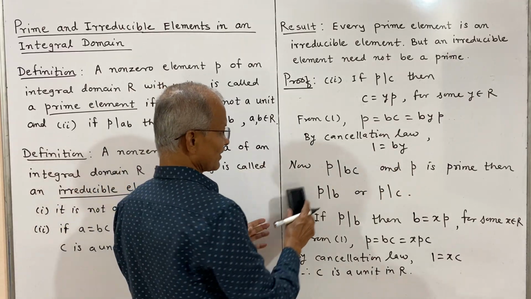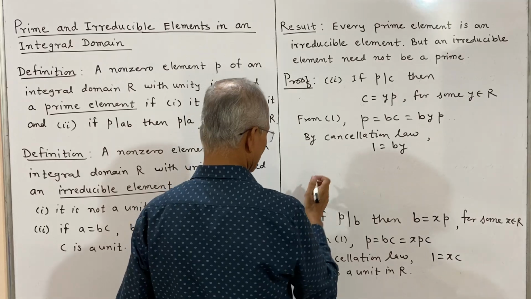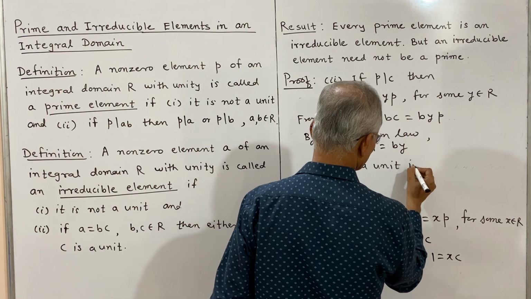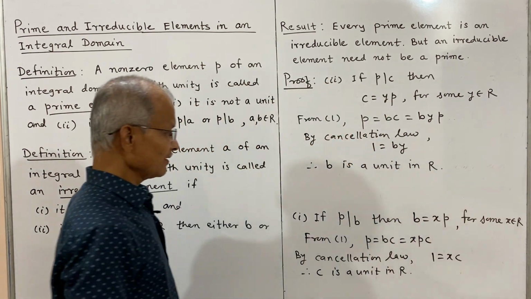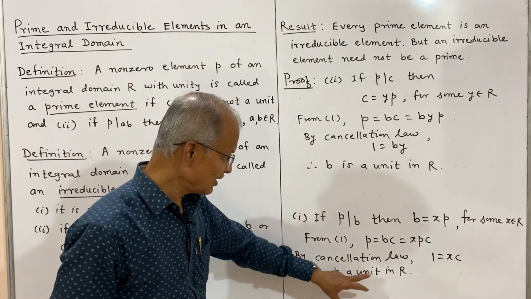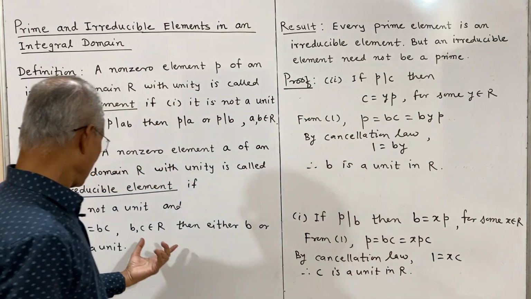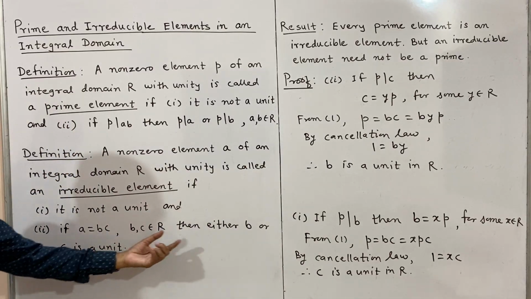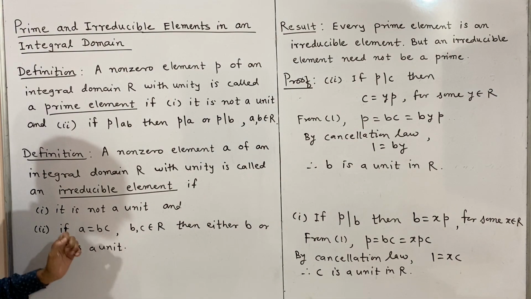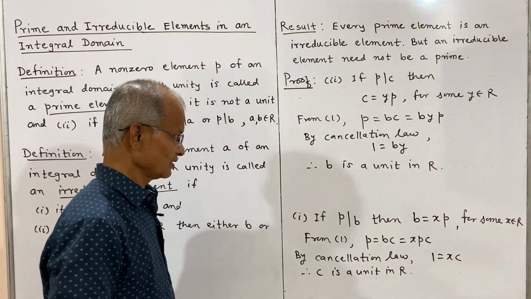So B is a unit in R. And thus, considering P is equal to B into C, we have either C is a unit in R, or in the second case B is a unit in R. That means either B or C is a unit, so the product B into C is irreducible. This is what proves that P is irreducible.